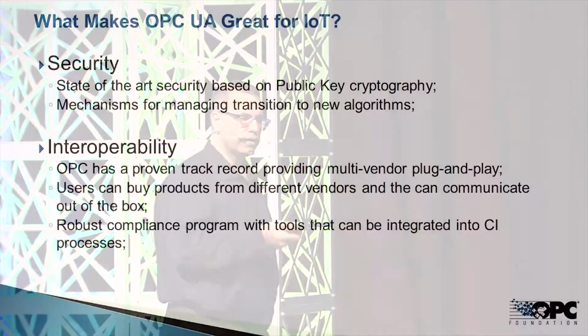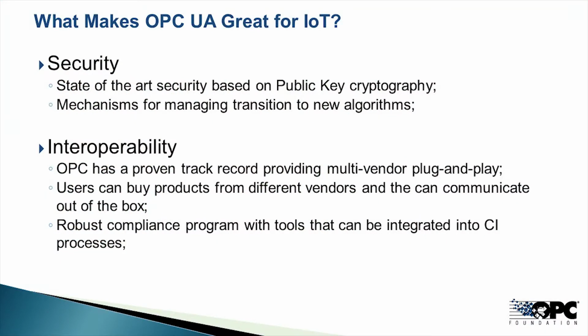The other aspect that makes OPC UA great for IoT is interoperability. Interoperability and plug and play between different vendors has always been what OPC is good at. It came into play because people wanted to be able to plug in an HMI and have it talk to any device on the factory floor without having to write a custom driver for every device. And OPC UA continues that tradition.